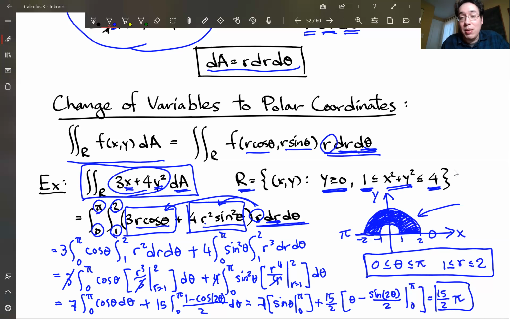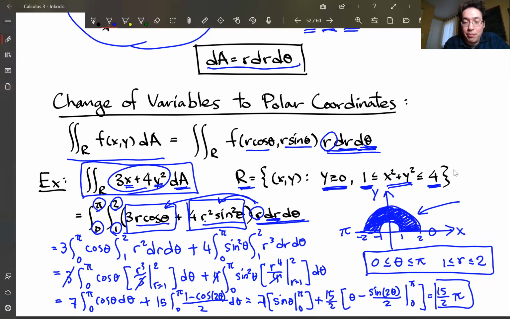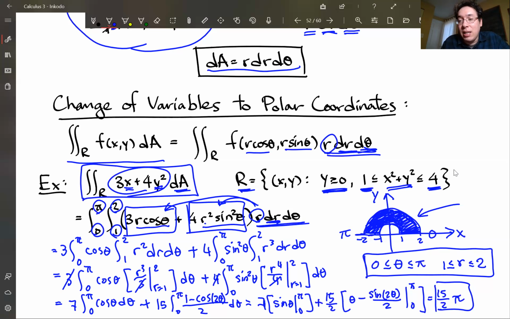So overall, the polar coordinate computation is actually easier here. And it's not just that sometimes it's easier. Sometimes you can solve a problem that you could not have done with x and y coordinates. Let me show you an example here.